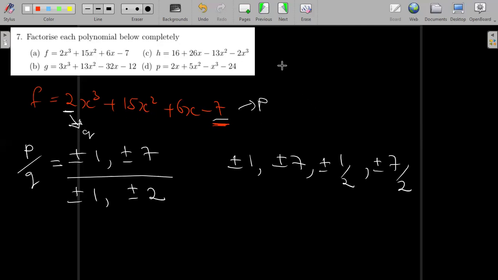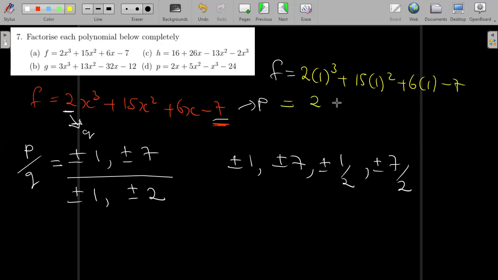So f is going to be equal to 2, and let me use 1 first, replacing x with 1. I'm going to use a different color here, yellow. So I have 2 times 1 cubed, plus 15 times 1 squared, plus 6 times 1, minus 7.